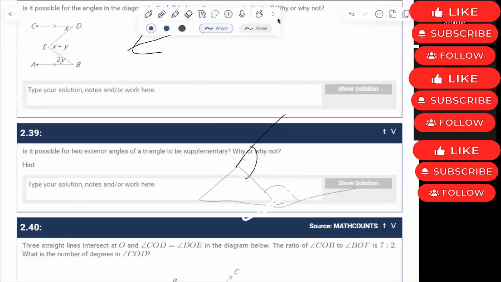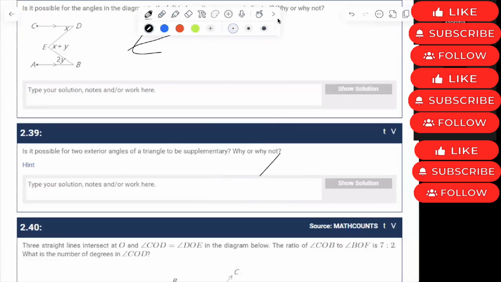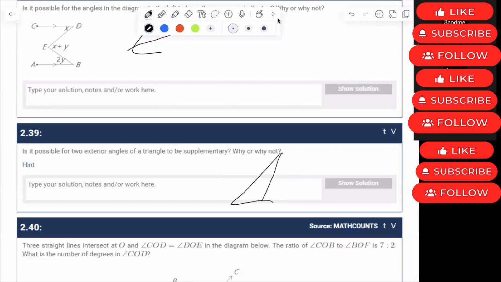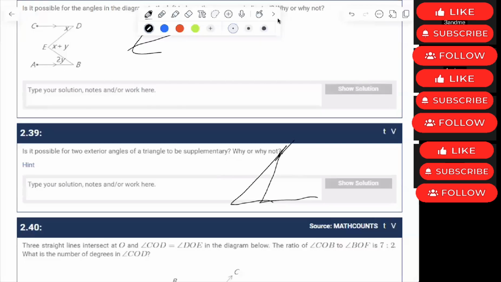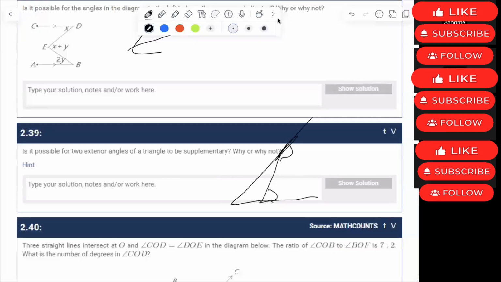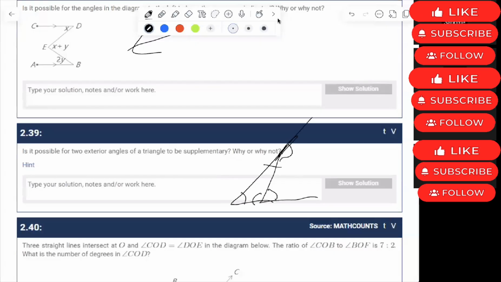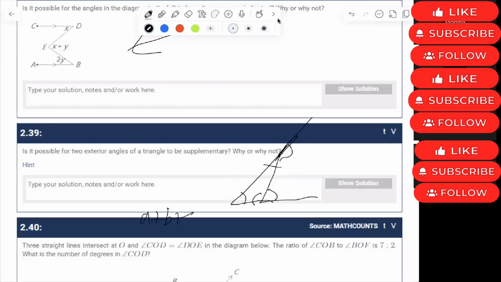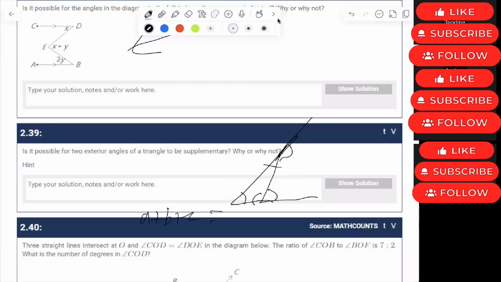So how do we do this now? Well, notice that we can have these two angles, A plus B plus C. That's 180 degrees, right?